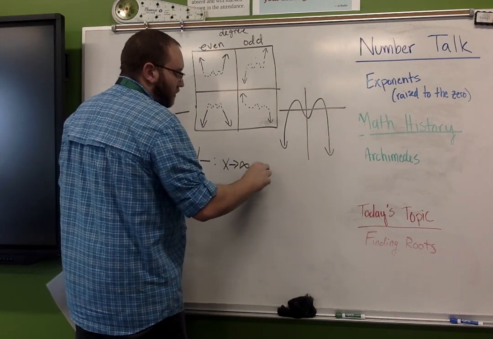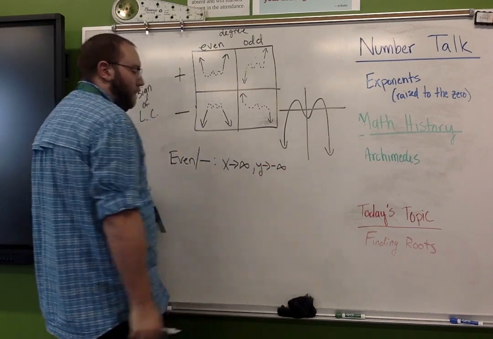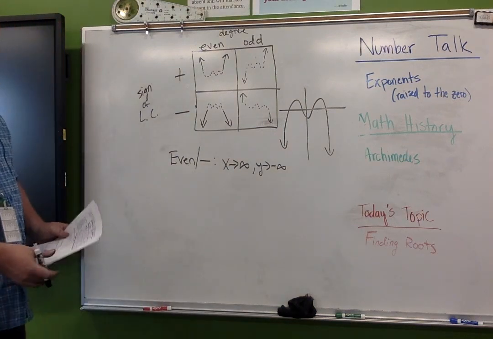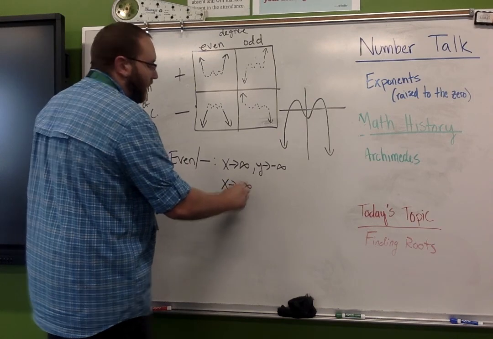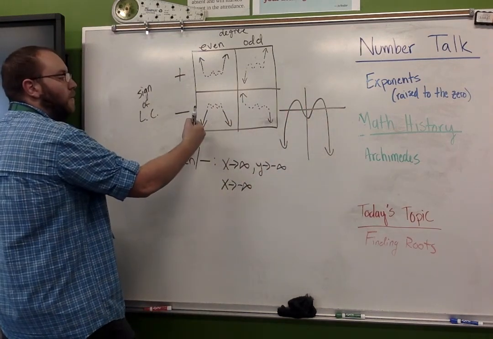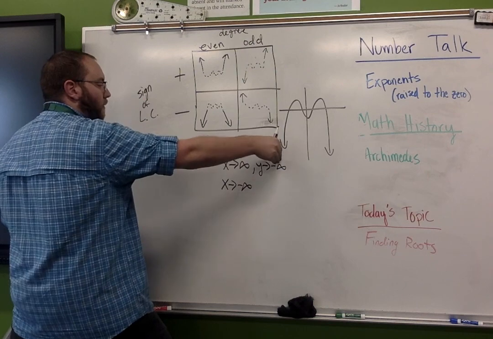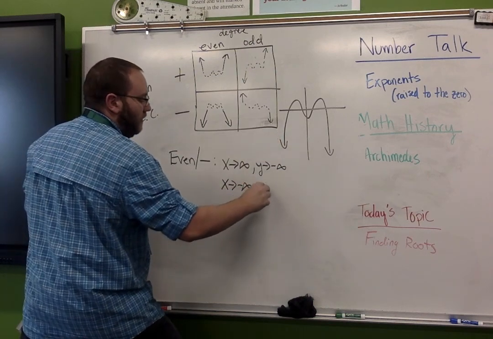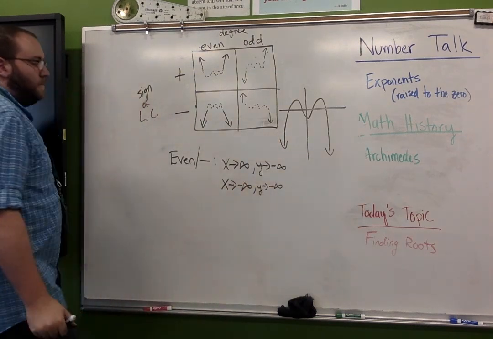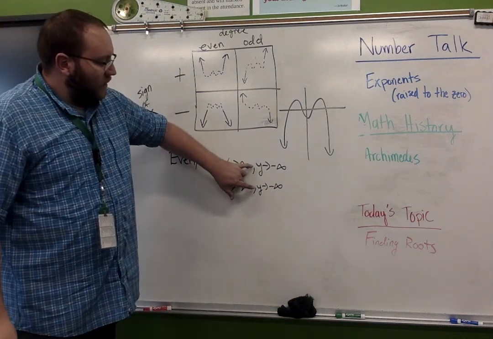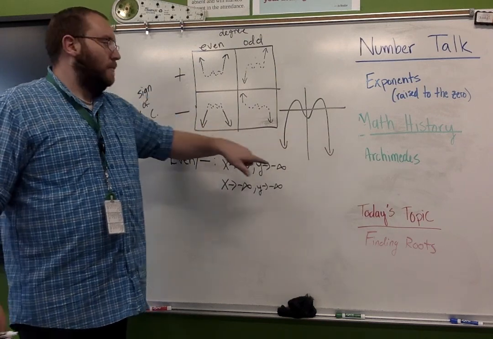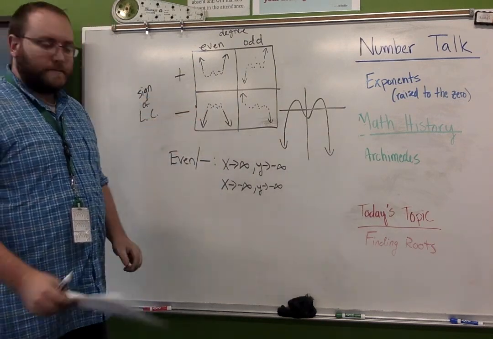So y goes to negative infinity. As x goes to negative infinity this way, which way is the tail going? Down. So y is going to negative infinity. And this kind of makes sense, I hope. See how y is the same? It's because the tails are going the same direction based off of our chart.